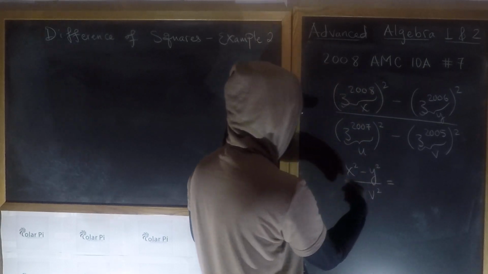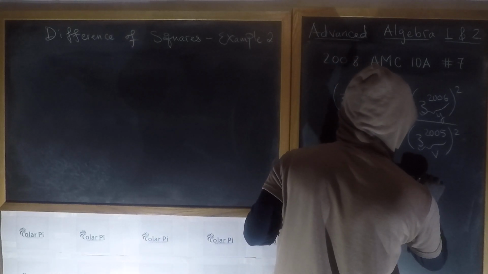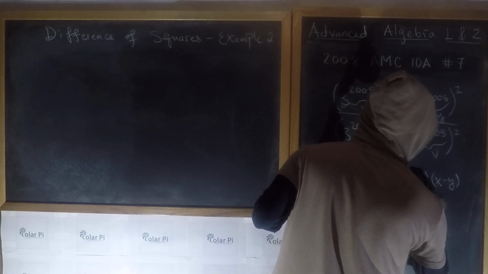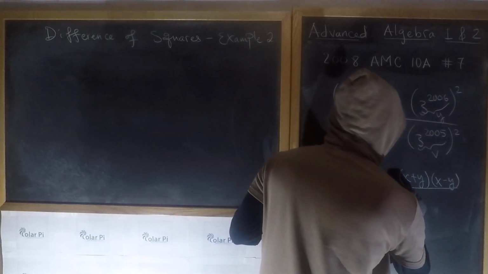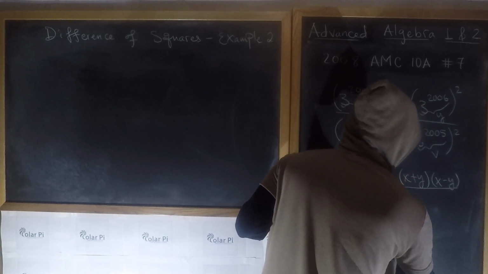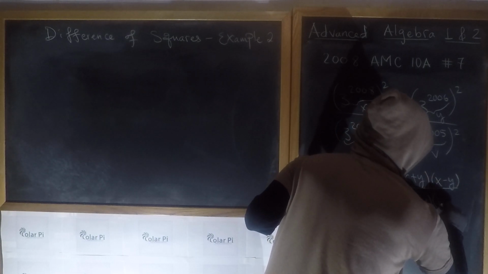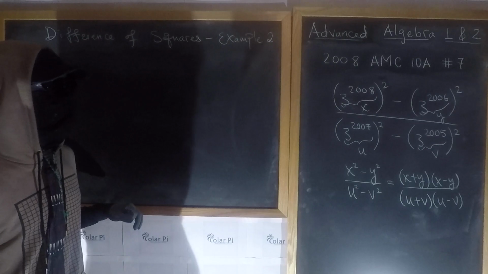The numerator, using difference of squares, x squared minus y squared, is x plus y times x minus y. And then the denominator, u squared minus v squared, is u plus v times u minus v. Okay, cool.